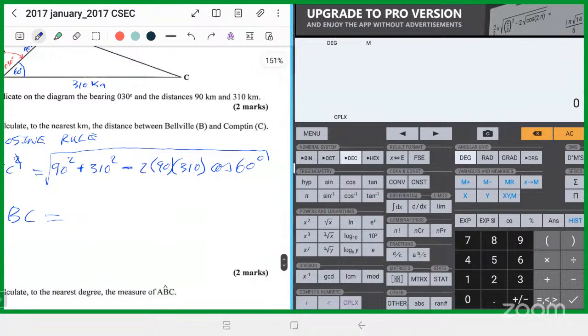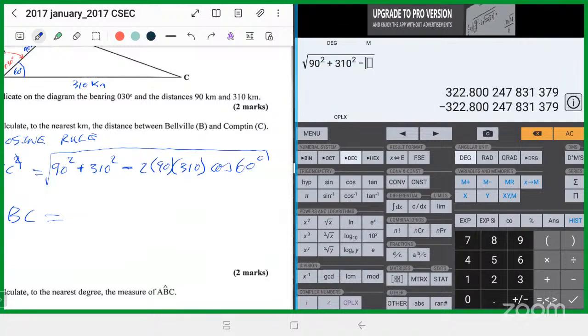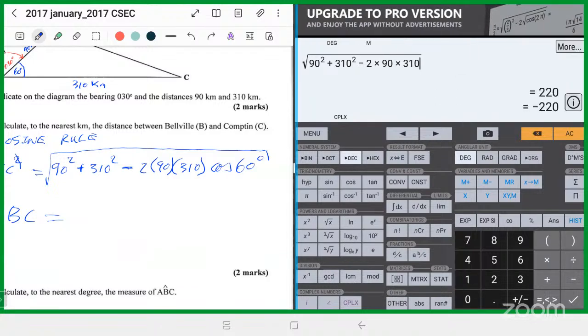So look, the square root of 90 squared plus 310 squared minus 2 times 90 times 310 times the cos of 60 degrees, cos of 60 degrees of half. So I'm getting 276.2, but it's to the nearest kilometer.